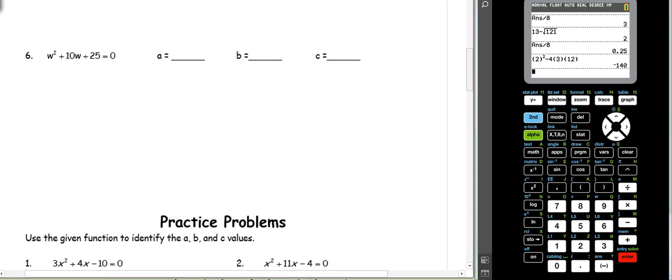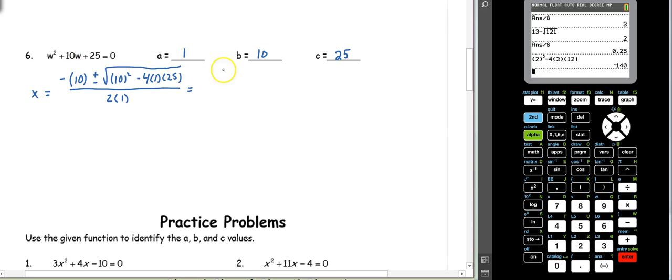Number 6, we have w squared plus 10w plus 25. There's nothing in front of the w squared, so our a value is 1. There's a 10 in front of the w, and there's a 25 for our single number. So when I go to set up the quadratic formula, I have x equals negative the b value plus or minus the square root of b squared minus 4ac all over 2a.